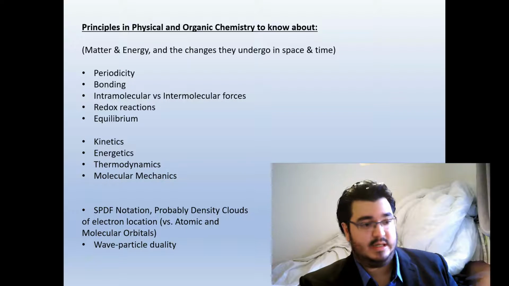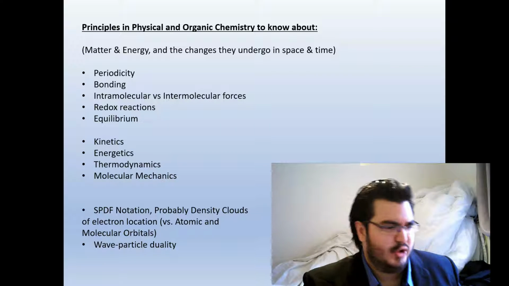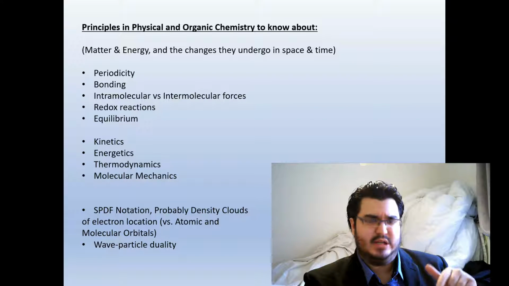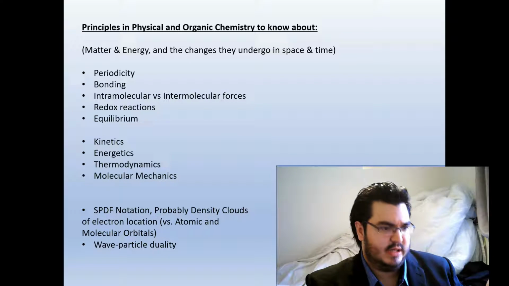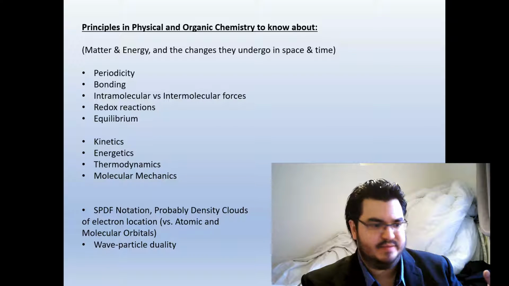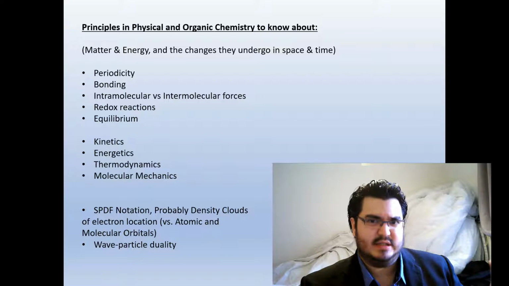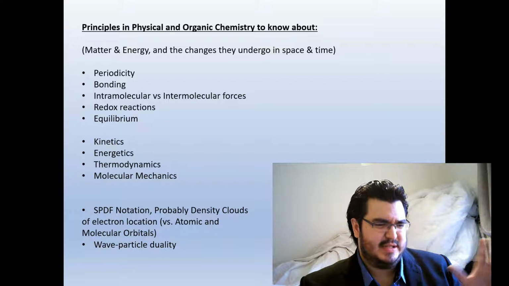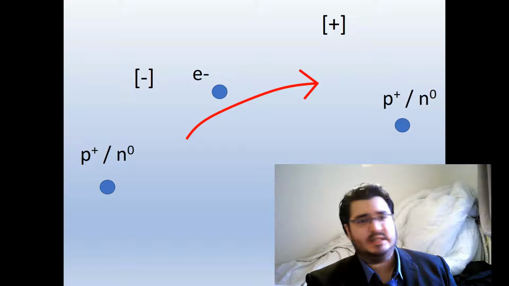I did chemistry A-level like 10 years ago. But you study it again in university biology, and you have to know about periodicity, bonding, kinetics, energetics, thermodynamics, molecular mechanics, the electron shells, which are actually the probability density clouds. There's mathematics you have to study, but you need to understand the concepts.